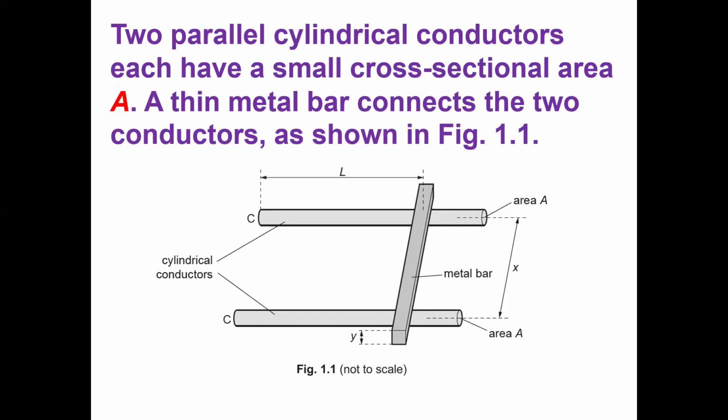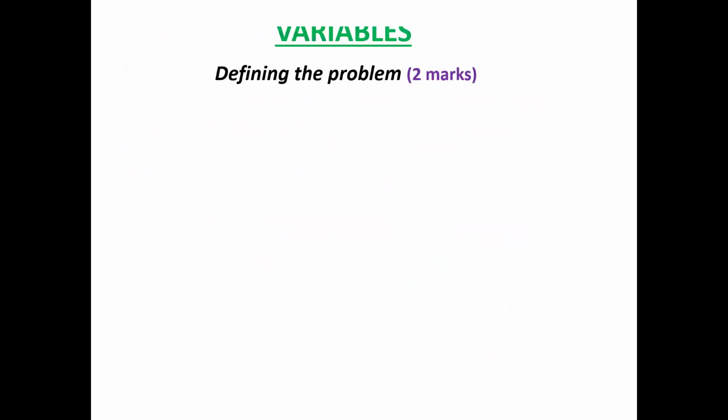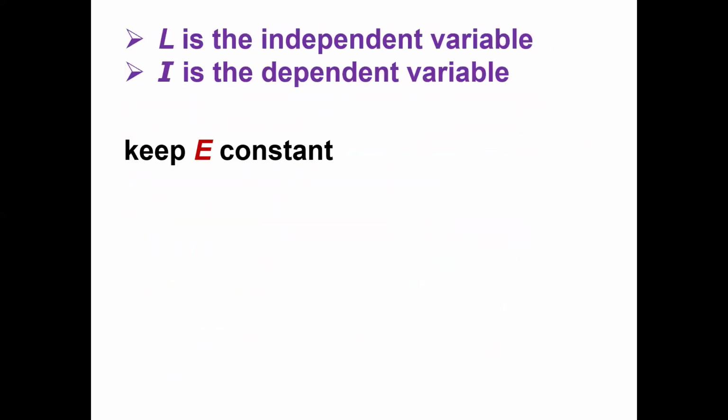How is current induced in this circuit? Actually, we are providing the current. So this is actually a type of electromagnetism. So I decide that I will change the length and I will observe the current as the dependent variable. Keep capital E constant. What is capital E? Capital E is actually the EMF. Okay.